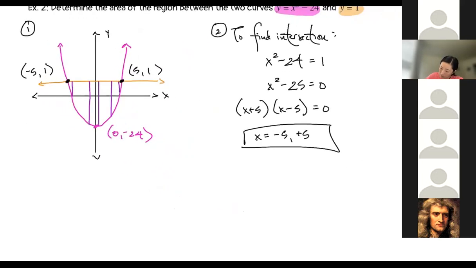So let's set up our integral. To find the area, we're going to integrate from a to b of top function minus the bottom function. And which axis did we stack along again? The x-axis. So we want to say dx. Okay.